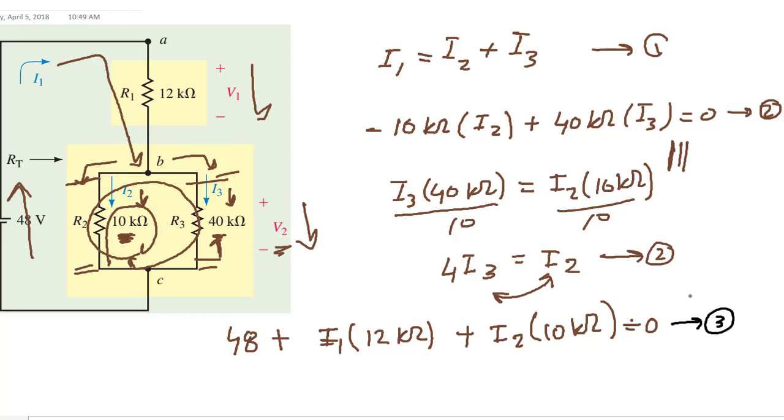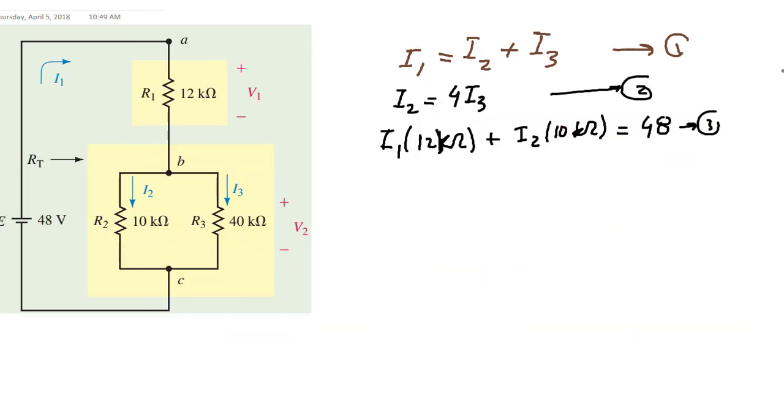Now, if I rearrange and put things a little bit in a neater way, after some cleaning up we get these three equations. These are simple equations. There are different ways of solving them.